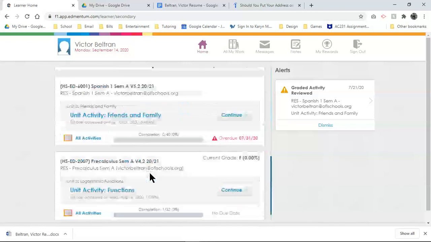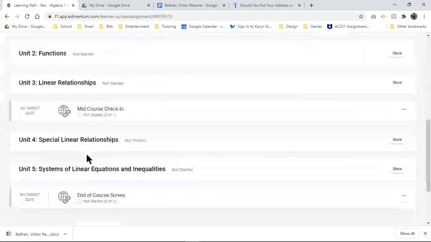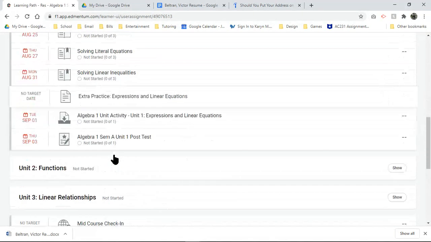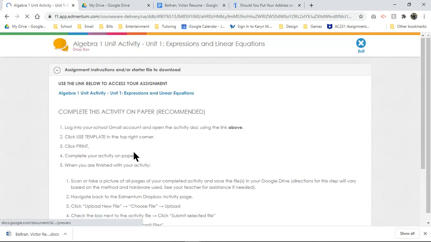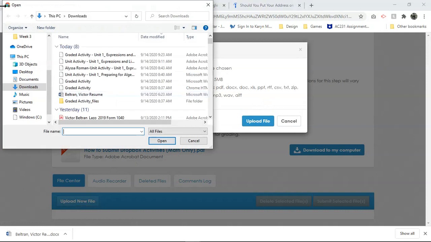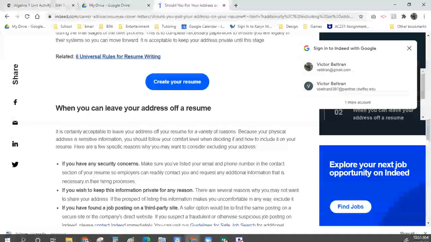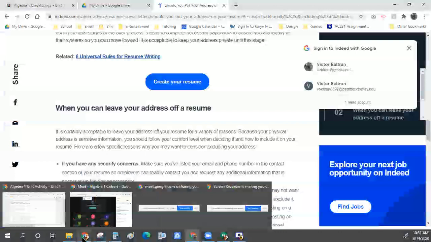So I'm looking for my Algebra One. There it is. I'm going to look at all my activities. If I wanted to submit one, unit one, I'm doing my activity. I'm going to start it up. What I would want to do is upload file, go to wherever I have the file, and download it.